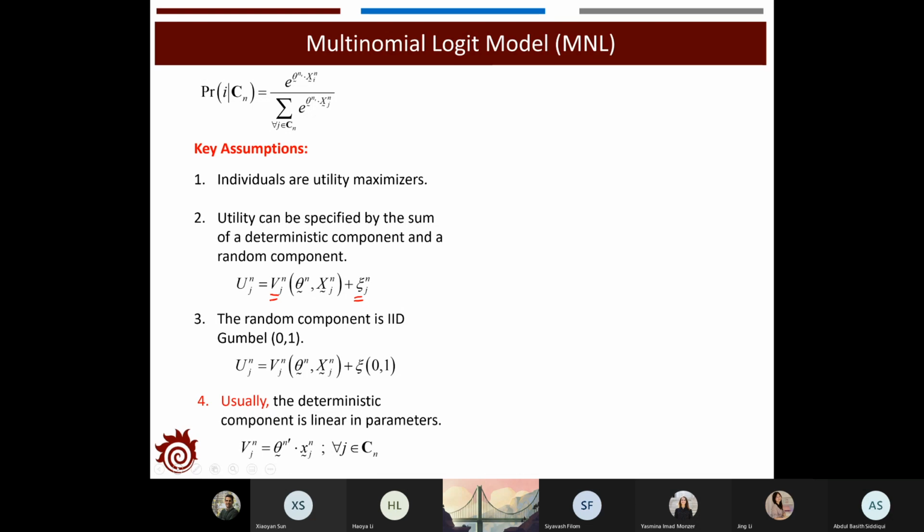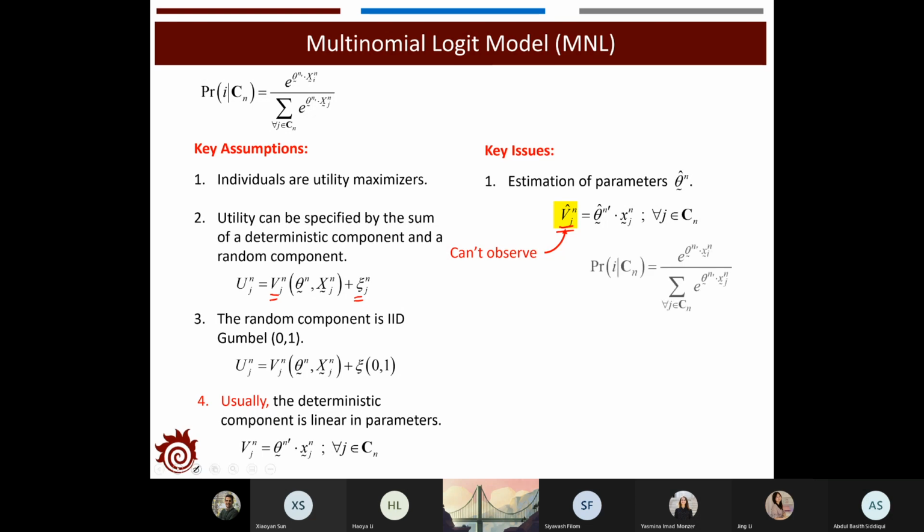What we want to further investigate for this model is, first, we need to calibrate the model, find out the values of theta, and how we are going to use the observed attributes and decisions to do the calibration. The difficult part is that we cannot observe the deterministic utility in reality, so we cannot apply linear regression directly.